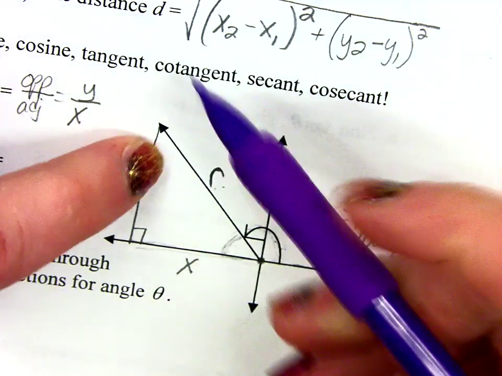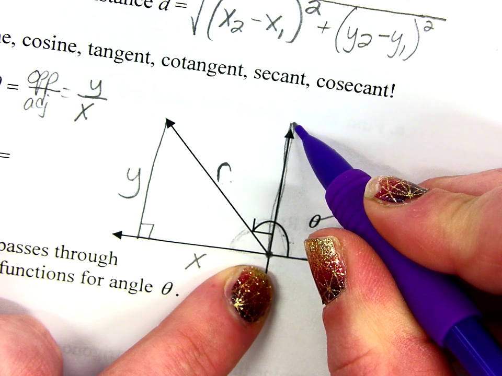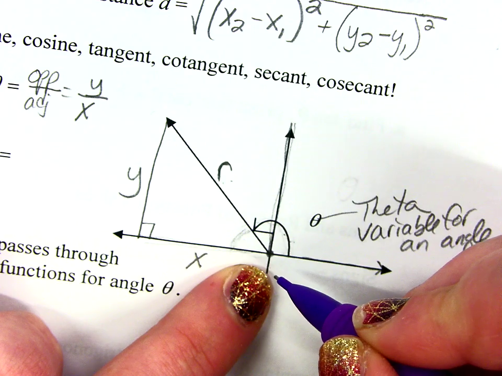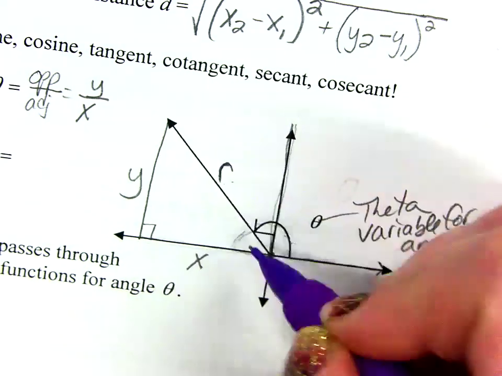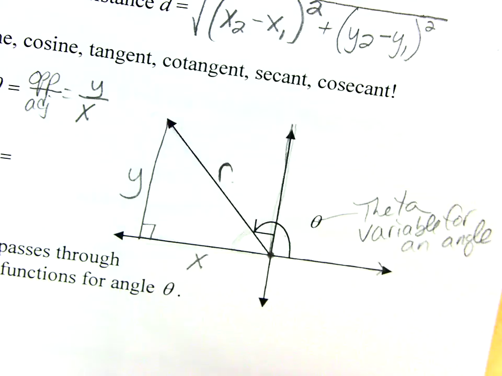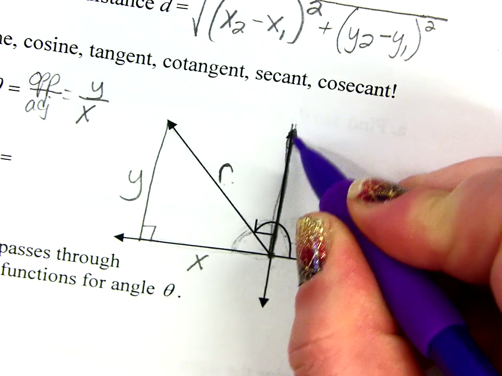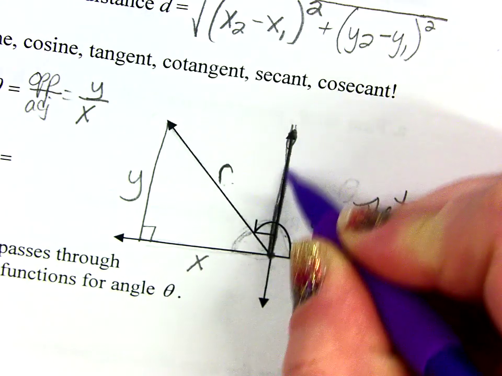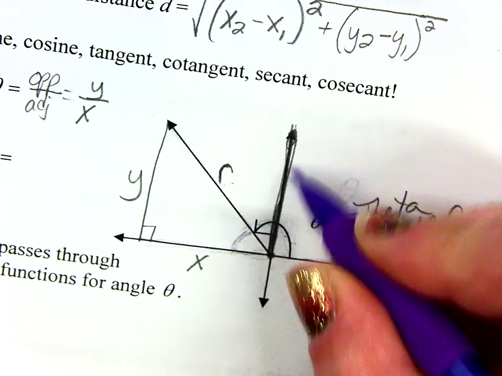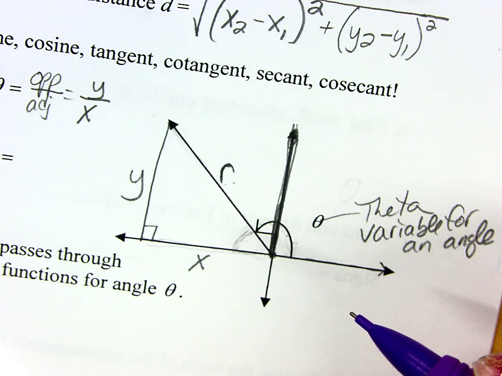What if this terminal side, instead of being over here, was on the y-axis? Then I wouldn't have a horizontal distance at all. Because remember how we created this triangle? I took a point on r, and I dropped a vertical line to the x-axis. If r is here, and I drop a vertical line to the x-axis, this is my angle, right? But I don't have a horizontal distance. So x could be 0. That is possible.